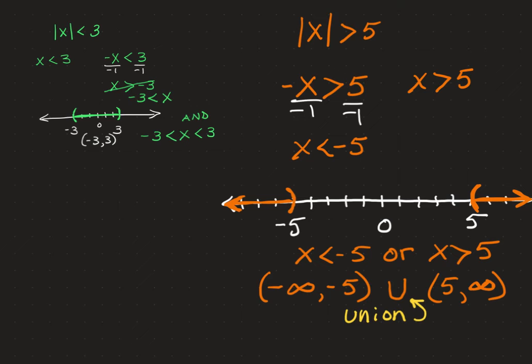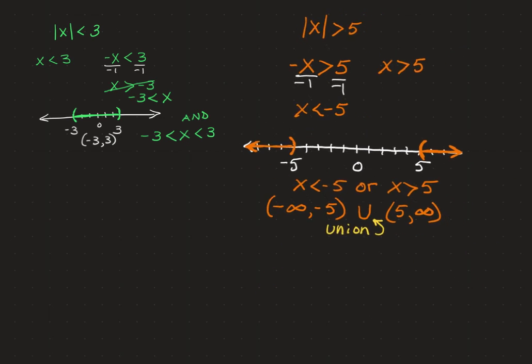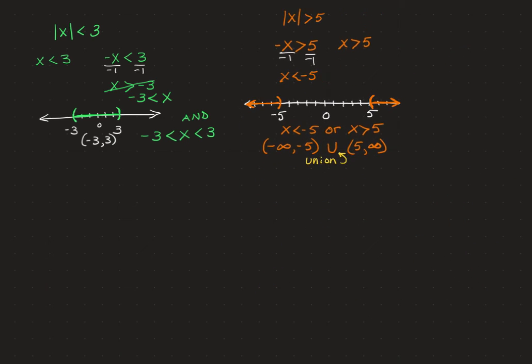So you can contrast those two cases, put them side by side. You see that in the first case we have a compound inequality. So we use this notation and everything can be expressed in one interval or one compound inequality.